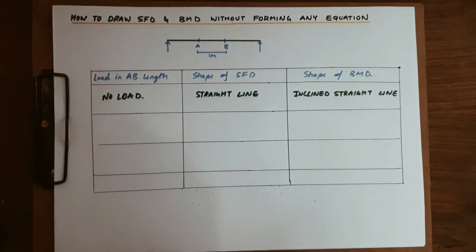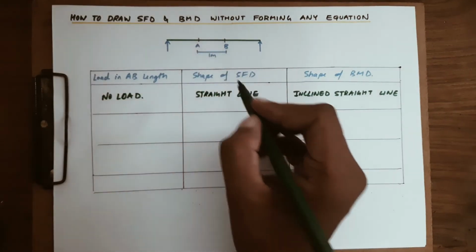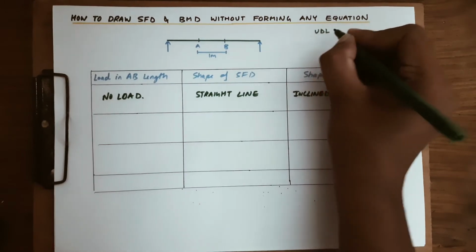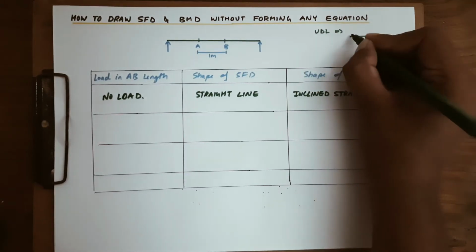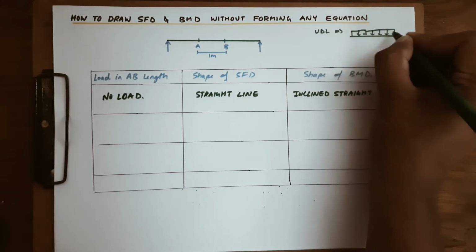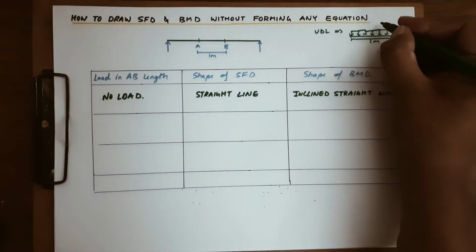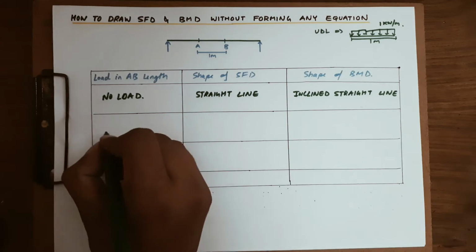Now our next step is, if we are applying load here, that is UDL. Now what is UDL? UDL is like a uniform load over a span of length. So this length is 1 meter, so it will be, let's say, 1 kilonewton per meter. So this is UDL.